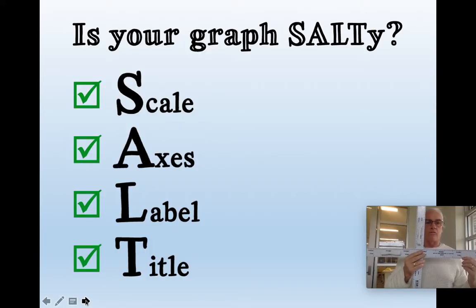So, scale must be uniform, go up in even spaces. Vertical axes, horizontal axes. Vertical, really important, we start at 0. The labelling must also include units, and the title really tells us the story of what the graph must convey.